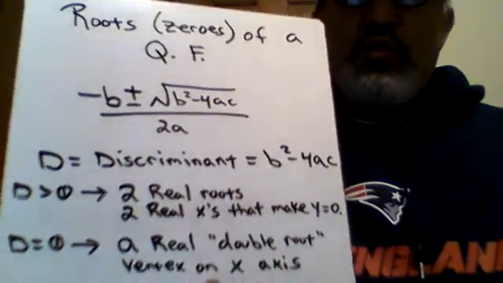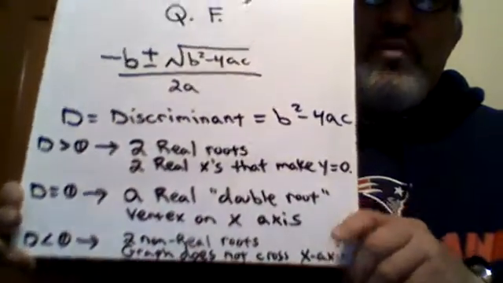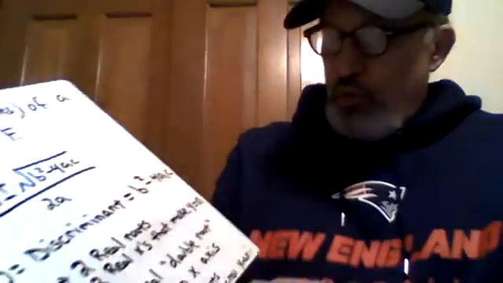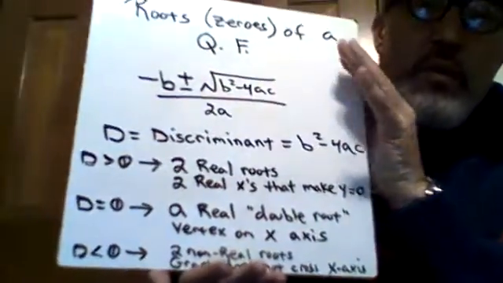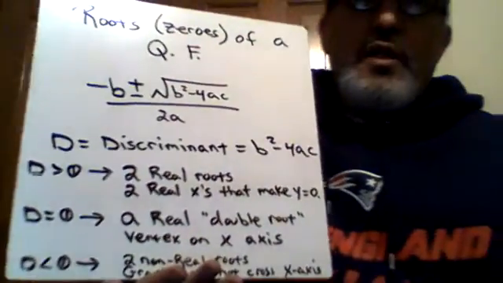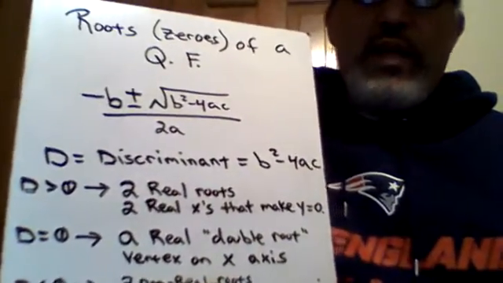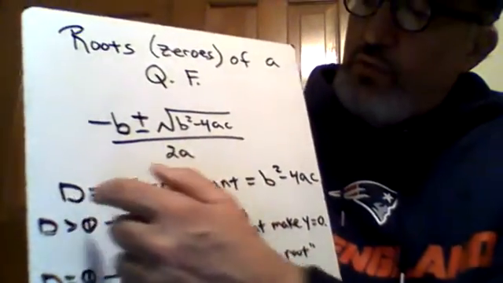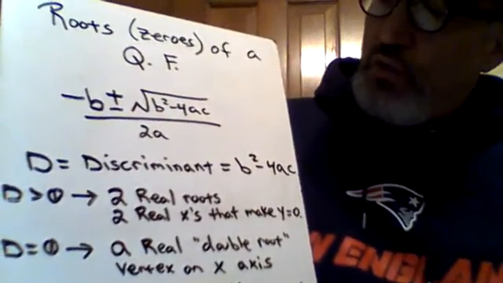That is known as the discriminant because it discriminates as to how the graph of the function crosses the x-axis. I'm going to use a capital D to stand for discriminant. Saves a little ink, a little time, rather than writing out b squared minus 4ac. So capital D for the discriminant.